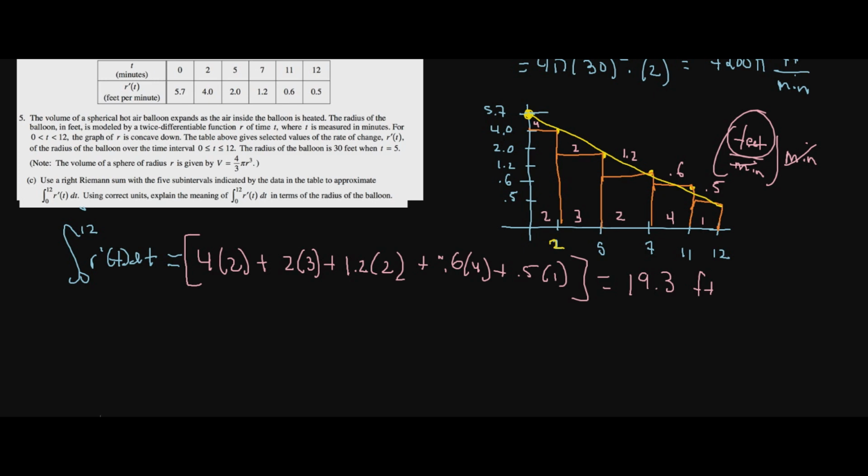So how do we explain this? Well, let's begin from 0 to 12. The integral of R prime of t dt means we're talking about the radius. R prime gave us the rate that the radius is changing.